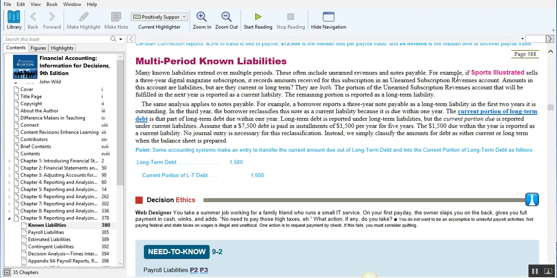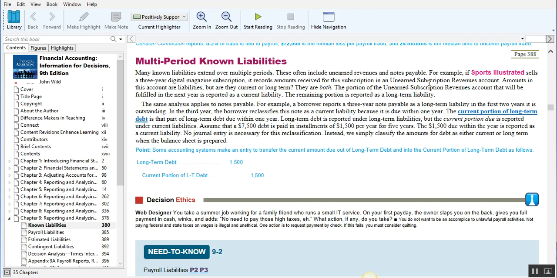They talk about Sports Illustrated with the subscription revenue, receiving subscription payments that extend out for multiple periods. I don't know if you've ever done this, but you may have somebody doing a fundraiser and you order a couple of magazine subscriptions as a part of that fundraiser. You may have a 2-year, 3-year, or 4-year magazine subscription.